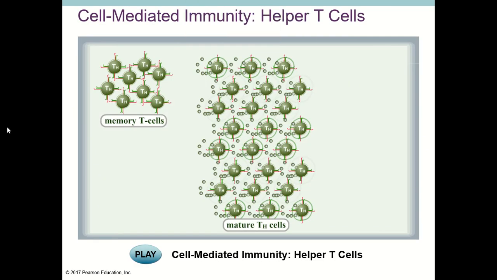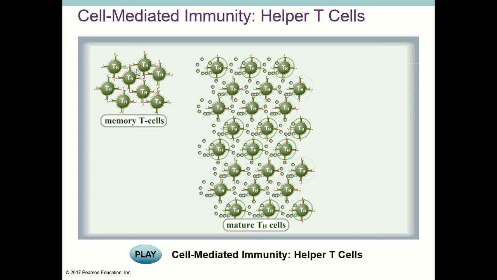What I'm showing here is a type of clonal selection undergone by helper T cells. Again, clonal selection is the production of many clones, many copies of the same cell, and these clones are identical in every single aspect to the original cell. In this case, these are helper T cells, which help create memory T cells.